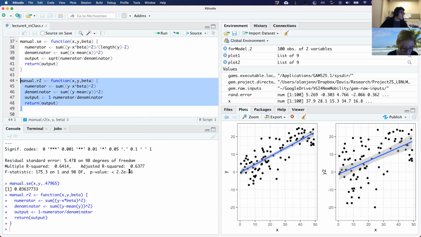So we can again check this. It's 0.6414. So if I go ahead and do this, it'll be X, Y, and then same beta 47965.